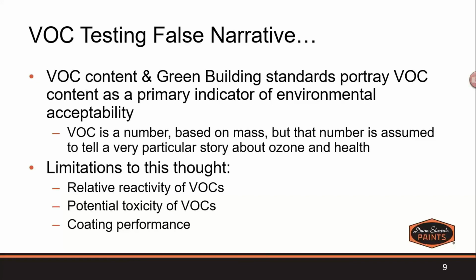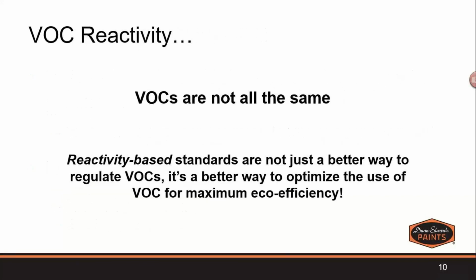For example, the limitation of thinking of just this number as a primary indicator of environmental acceptability is that it does not consider relative reactivity, potential toxicity of the VOCs. Again, VOCs are still chemicals that are in the air and emitted from a chemical, and coating performance overall. So if you see something that has a 0 grams per liter VOC over one that's 50, that's not to say that the performance of either paint is better or worse than each other as a reason of VOC.